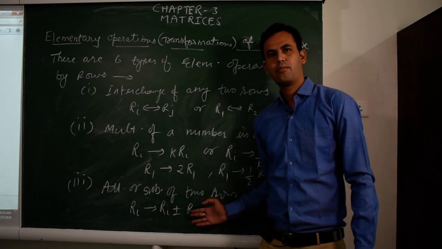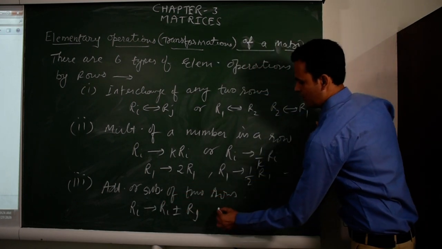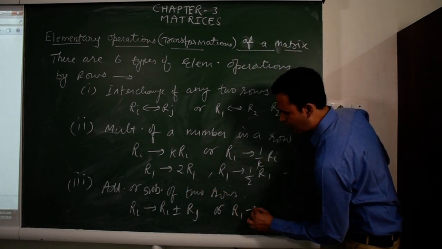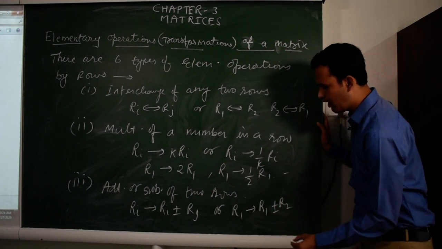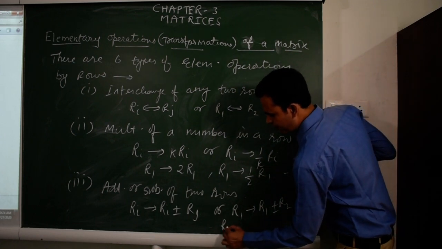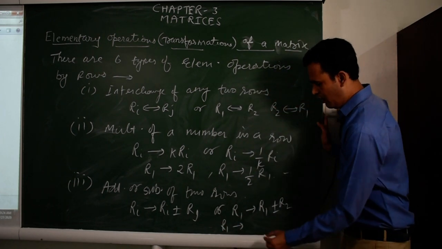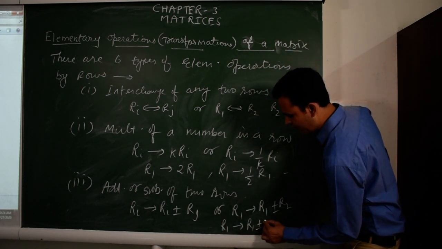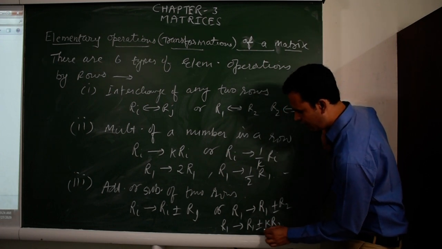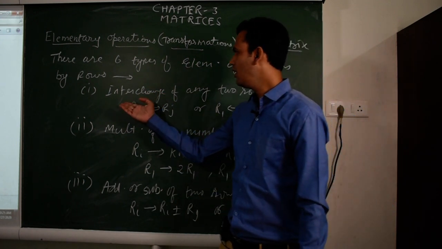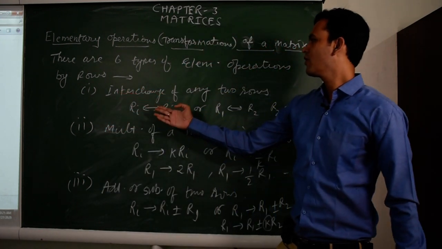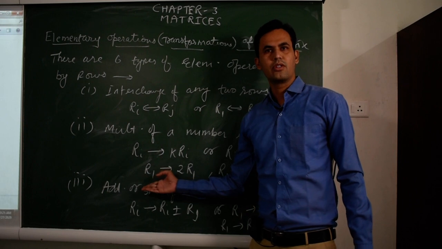First row added with second row, or we can write it as R1 changes to R1 plus R2 or R1 minus R2. Sometimes R1 changes to R1 plus or minus kR2. Here k is any scalar or any number. So these are the three operations, three transformations due to rows.